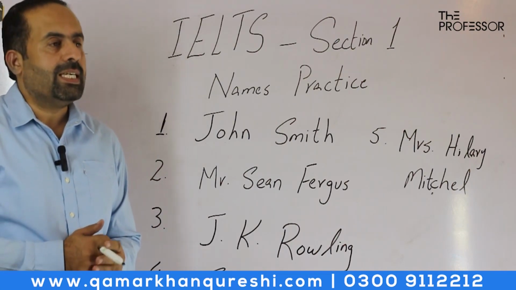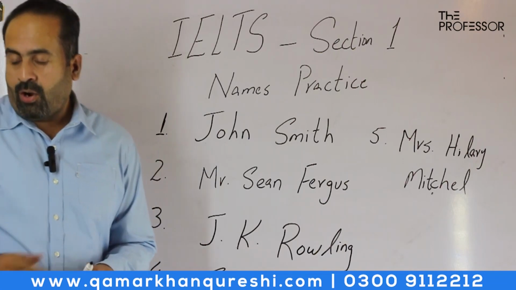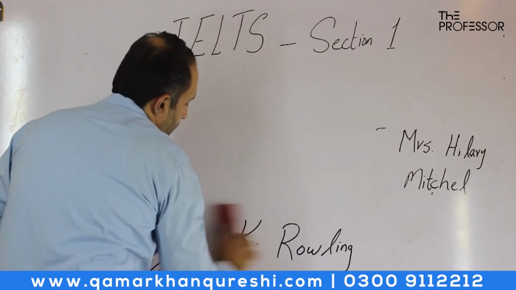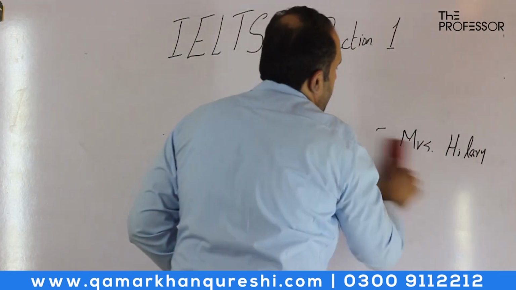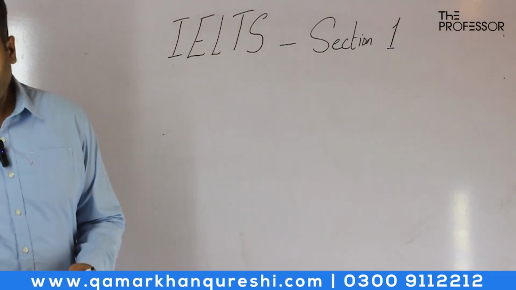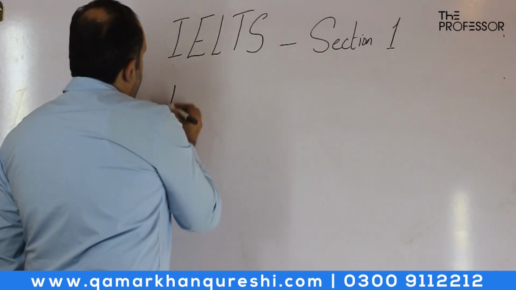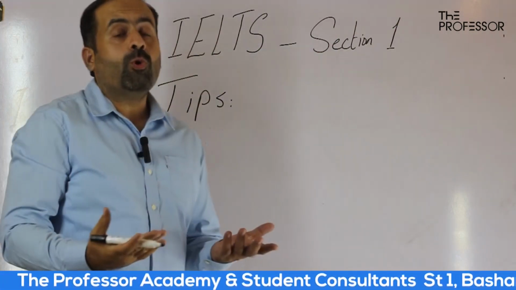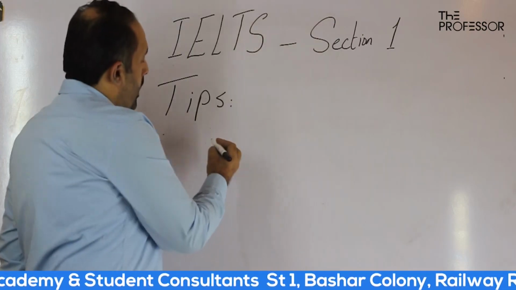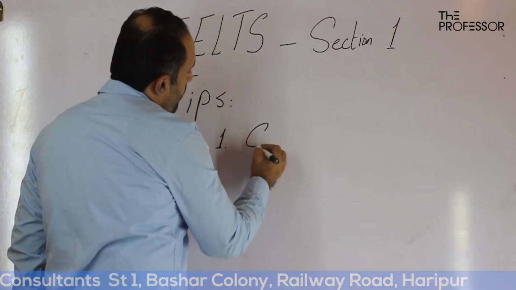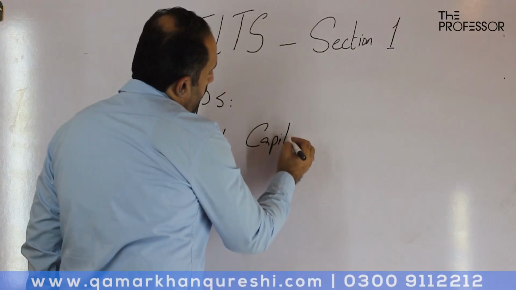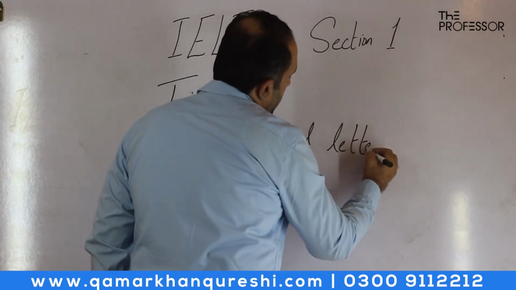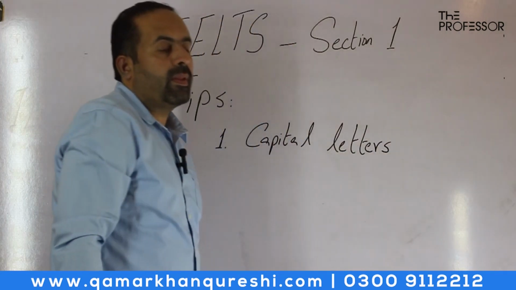So now let me tell you some tips about how you can identify, how you can spell, how you can pronounce these names easily. I want you to note down these tips. Tip number one is capital letters.